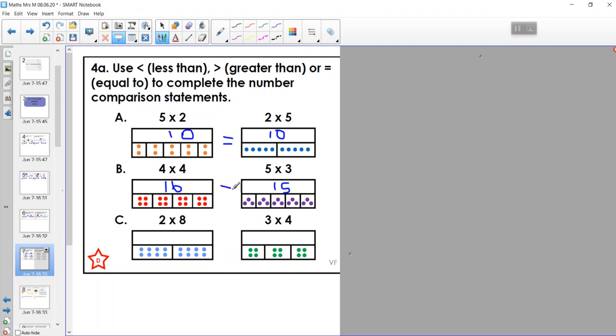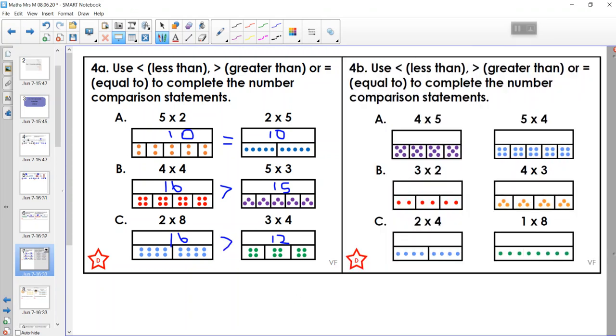So we're going to put greater than. 2 8 times, and 3 4 times. 2 8 times is 16, and 3 4 times is 12. So this side is greater than that one. So again, children, you're going to pause the video and try these 3 here.